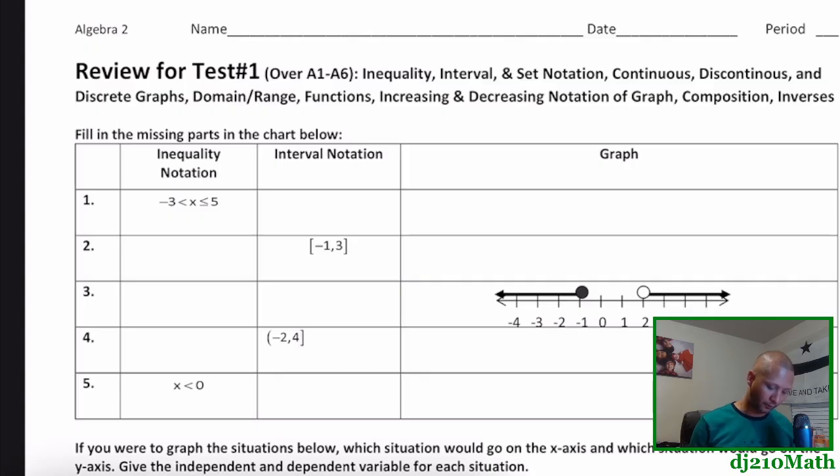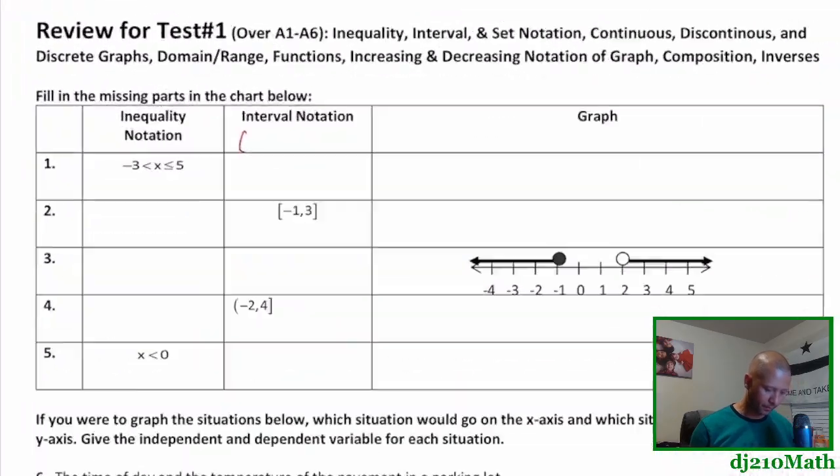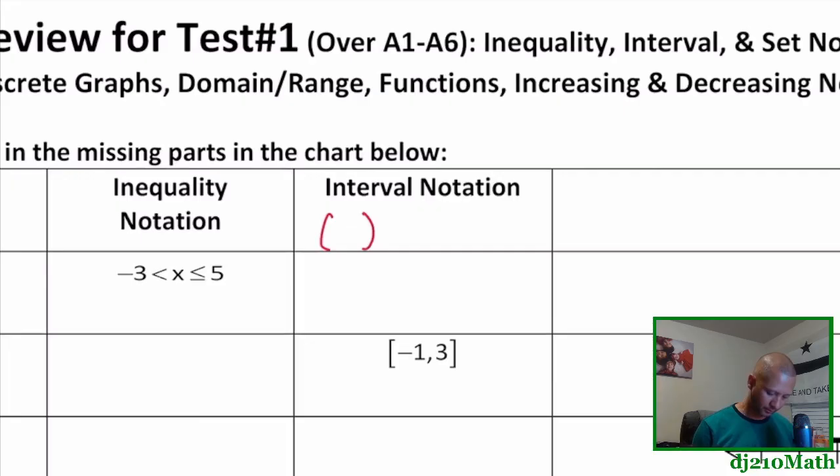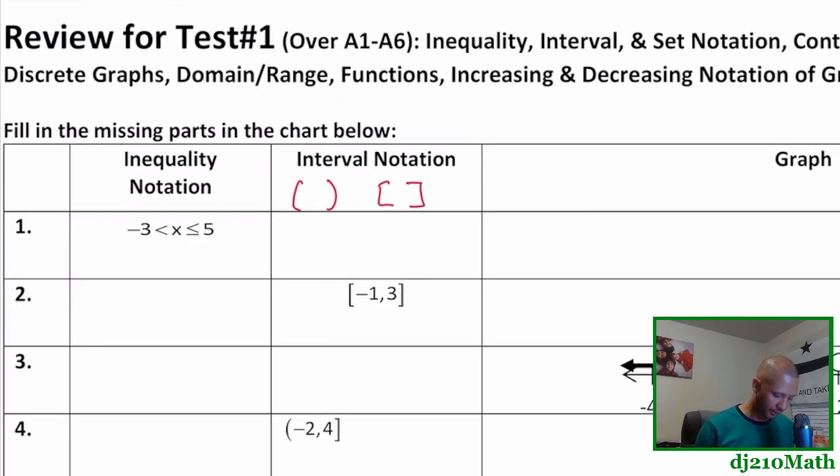answer. So if I want interval notation, I know that interval notation is the parentheses or the brackets, or a combination of both. So, number one, -3 is less than, so I know that the less than gets the parenthesis.